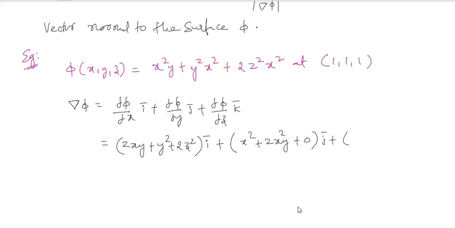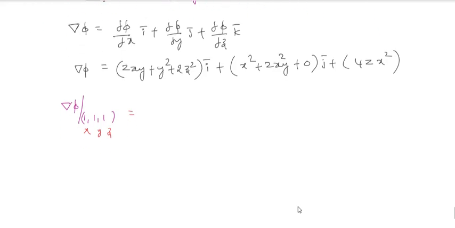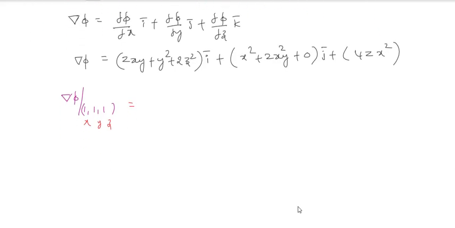Yeah. Next one will be dou phi by dou z. Dou phi by dou z is nothing but what? Only one term will be there, that is 4z x square. So now this is your del phi. Now I want del phi at the point 1, 1, 1. So what is this 1 and 1? This will be x, y and z. So substitute those x, y, z values there. All are 1.